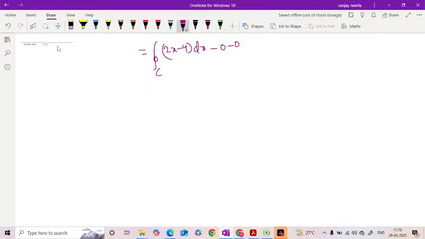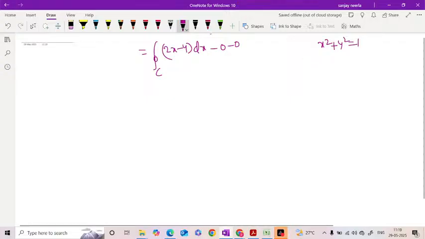So for curve C, we can solve this in two ways, because we already know the equation x square plus y square is equal to 1. You can convert into only x or only y. But my suggestion is better to convert into polar form. The polar form is very simple.